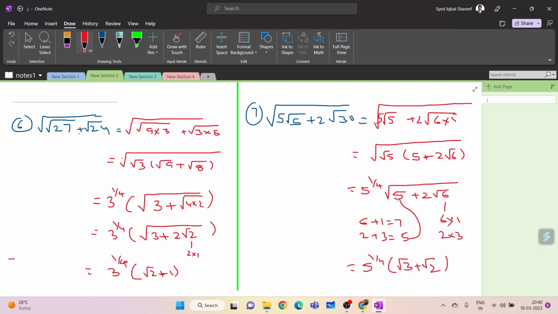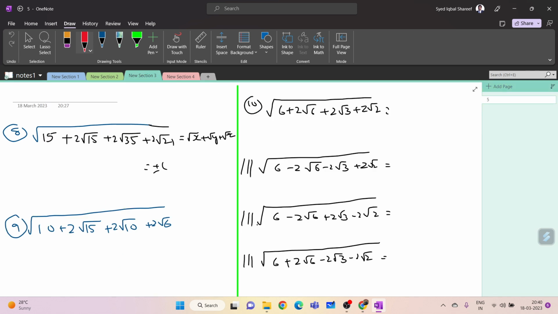Okay. Now we'll go to the next one. You see this type of problem. Root 15 plus 2 root 15. We have done it in the long method. We suppose root x, root y, root z. Now you have to see the factors. You see I am taking 3 into 5, 15. Now 5 into 7. Now I am writing 7 into 3.